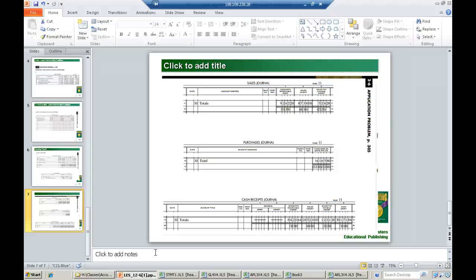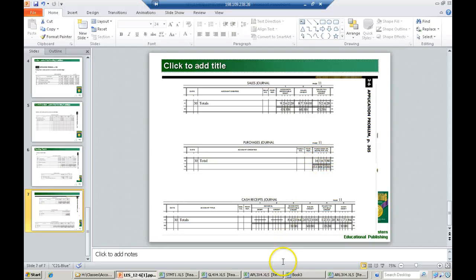The next journal we're going to do is purchases journal, which is right here, and it's purchases debit and accounts payable credit. Again, this is purchased merchandise on account. Sales journal is we made a sale on account. If our customers paid cash, it'd be in the cash receipts journal. $16,580.